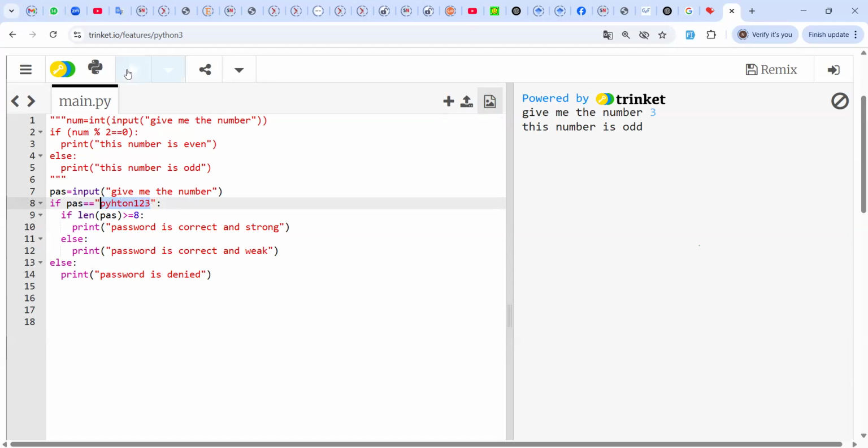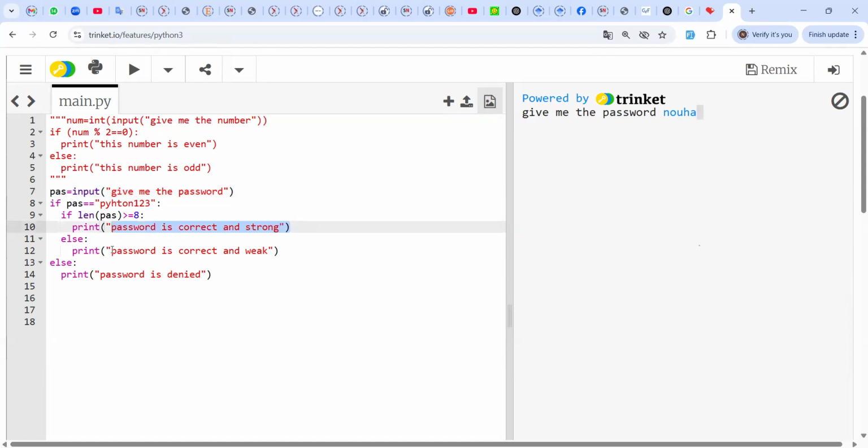So let's see. Okay, there are no errors here. It's not give me the number, give me the password. I'm going to run it again. Okay, give me the password. If I give it, for example, Nouha, what message is going to be shown on the screen?